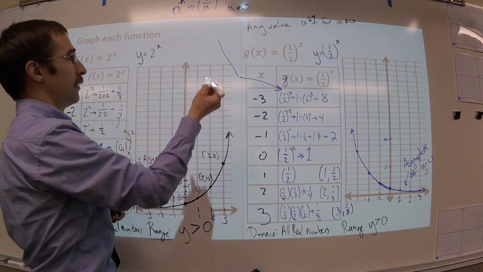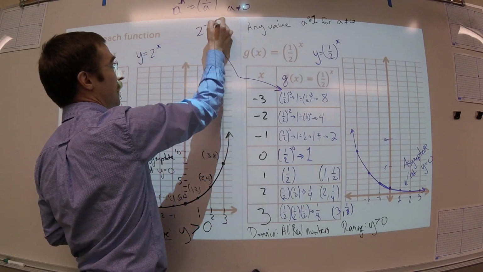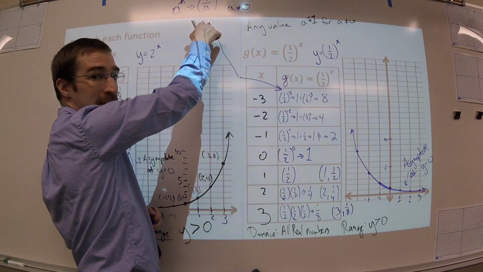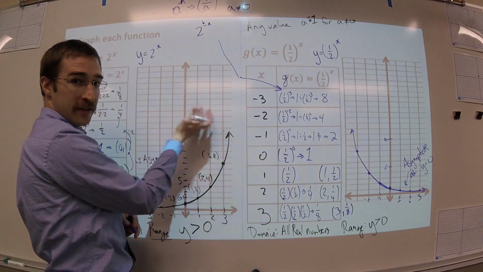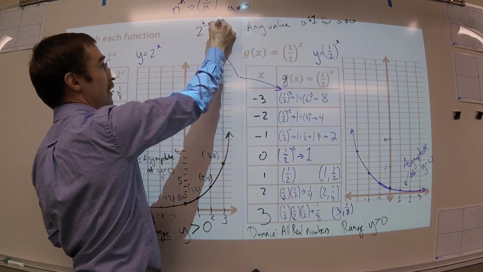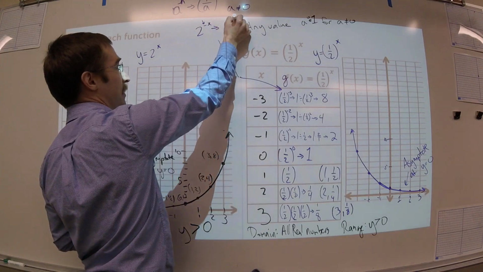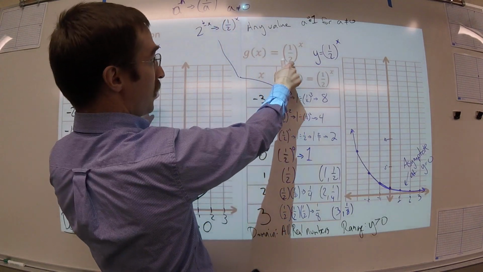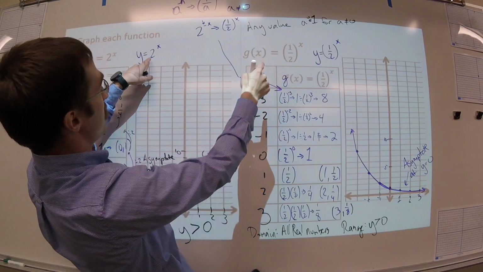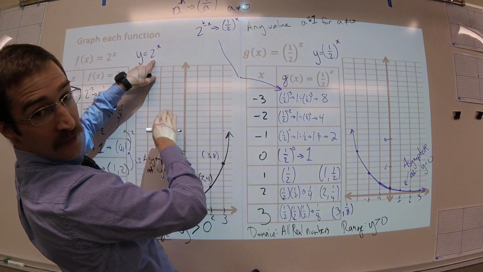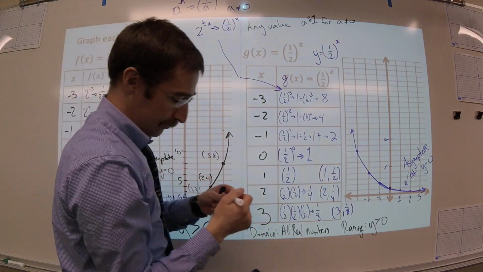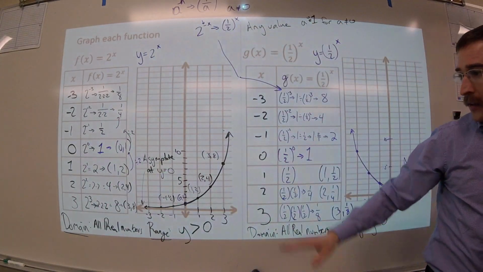So if I take 2 to the negative x, remember this negative is going to be a reflection over the y-axis, right? That's equal to 1/2 to the x. So this function, 1/2 to the x, is the same as this function to the negative x, or the reflection there. All right, so that's how we graph those.